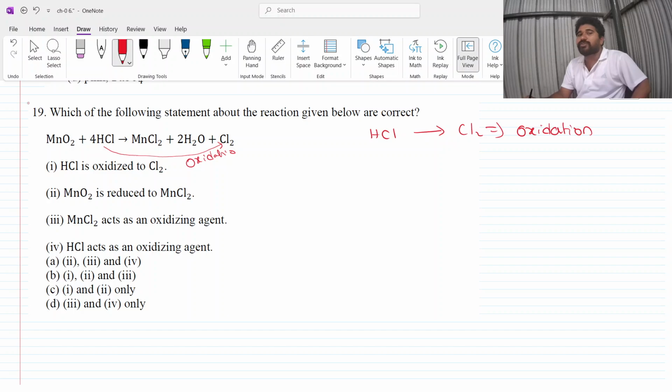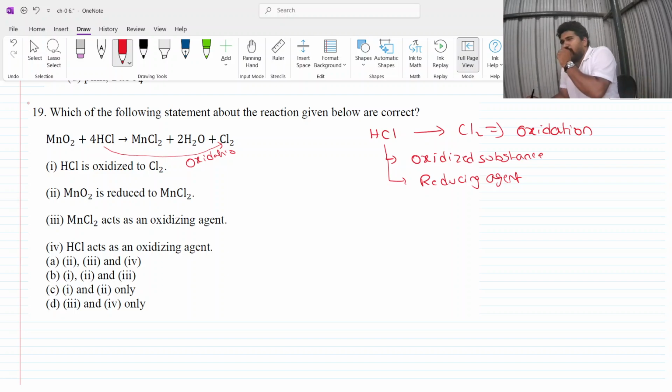Oxidation. When you come to know it is oxidation, this HCl is the oxidized substance and reducing agent. Correct? Now, done.